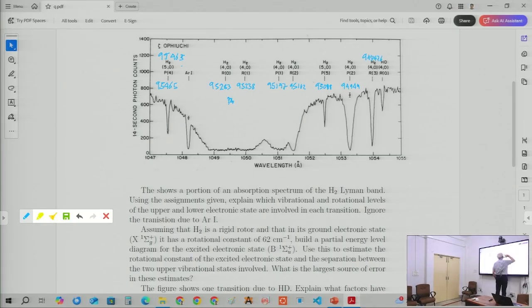And the HD one, 9, 4, 8, 5, 4. Right. Do other people broadly agree? Roughly. This is not super accurate because we haven't got proper measurements and we've only got scales for 3 figures, but we'll see how accurate it is in a minute when we do the combination differences.